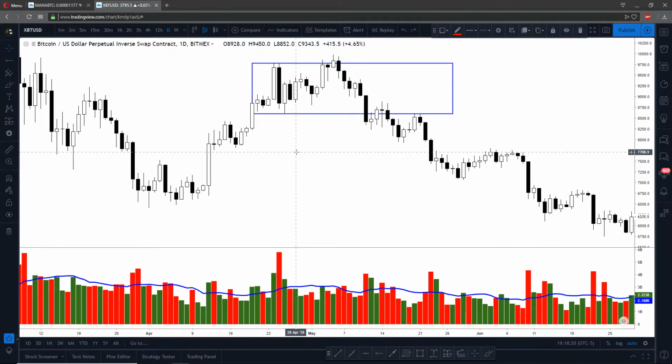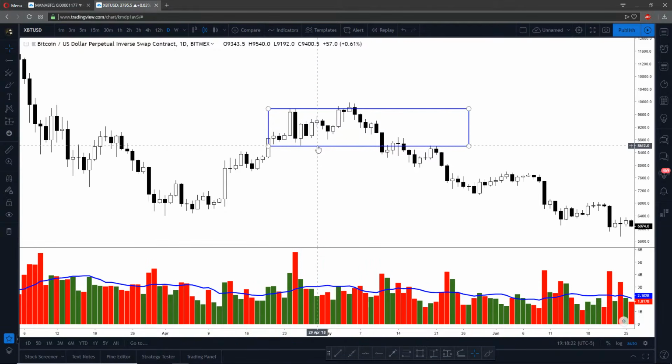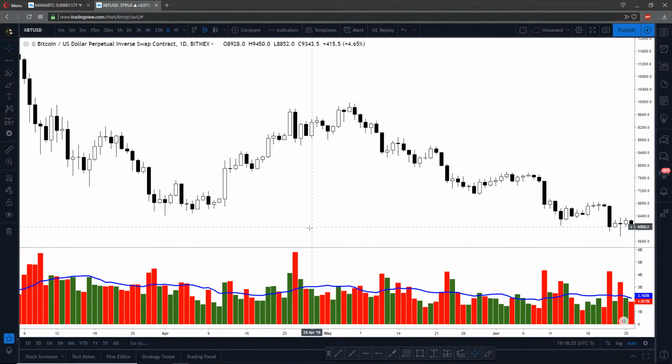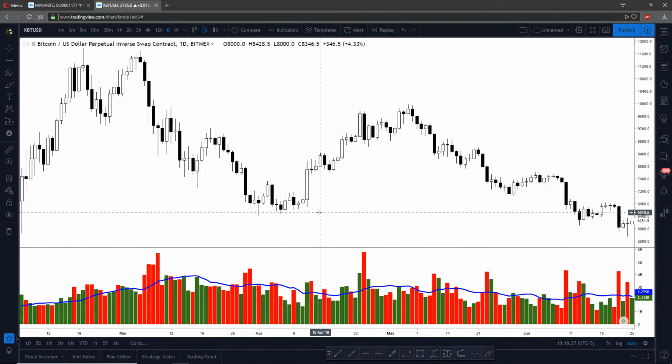So if you would have done that, let's see if you would have got faked out on this one. Yeah, targets, same thing I always talk about targeting. Previous highs, previous lows, last supports, last resistances, stuff like that.